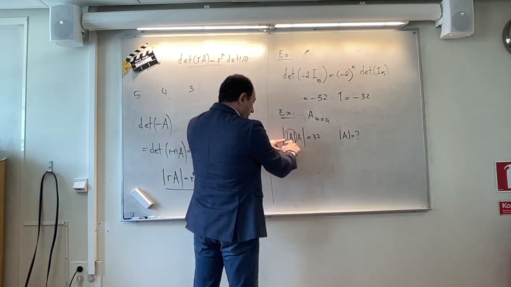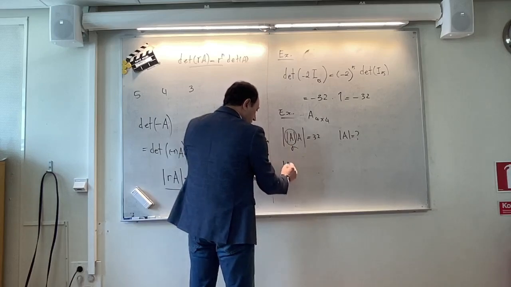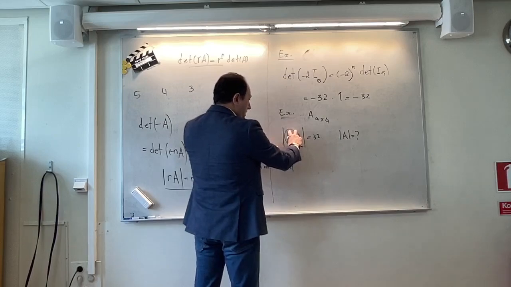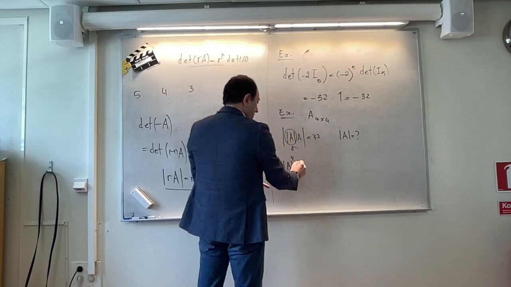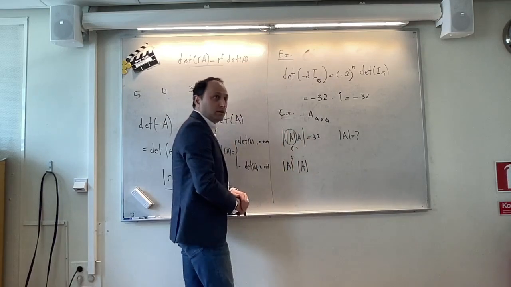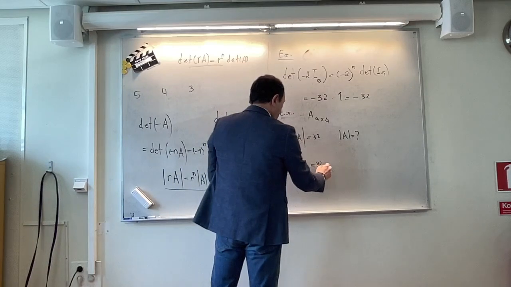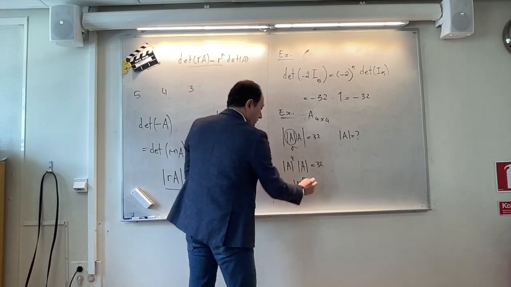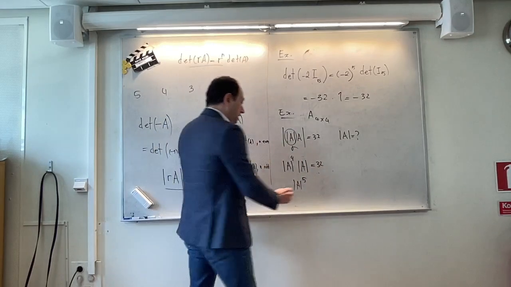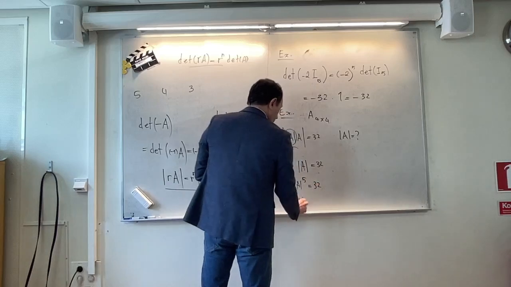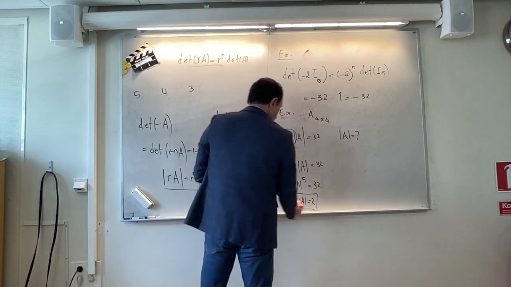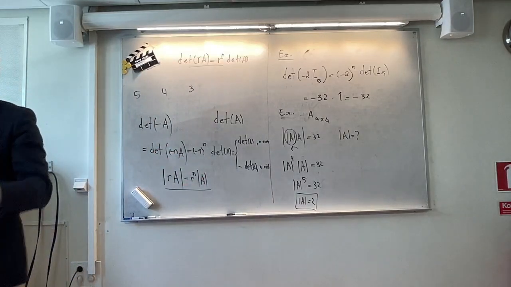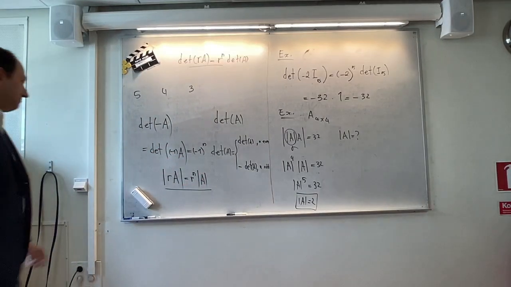I bring this one out, but I have to raise it to power 4. What is left for me? This number is pulled out, and the determinant of this matrix is left. And then I have 32. Extremely simple. I have a number to power 4 multiplied by the same number. It means that number to power 5. Okay? And then I have 32. It's extremely easy to say what this is. It is 2. Yeah, so these are very good questions for multiple choice questions. So you can just do them quickly.